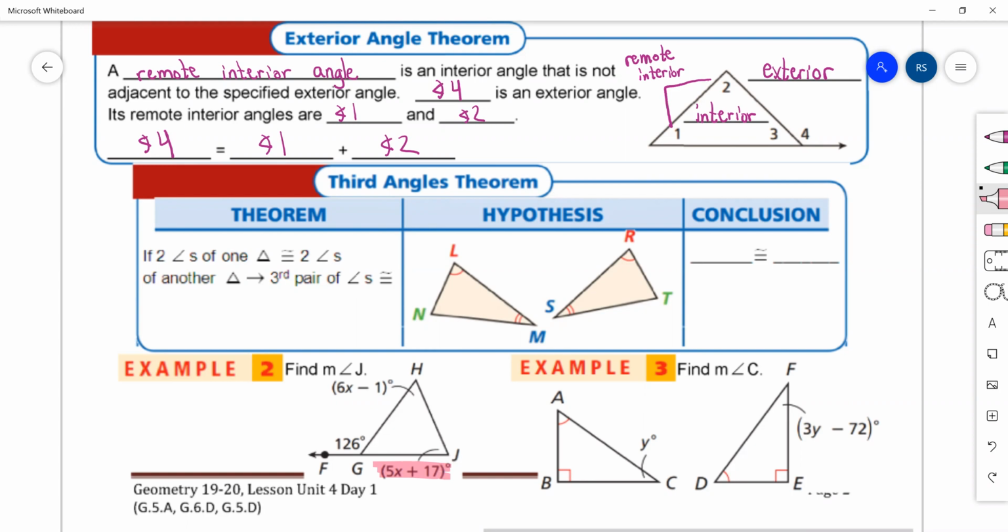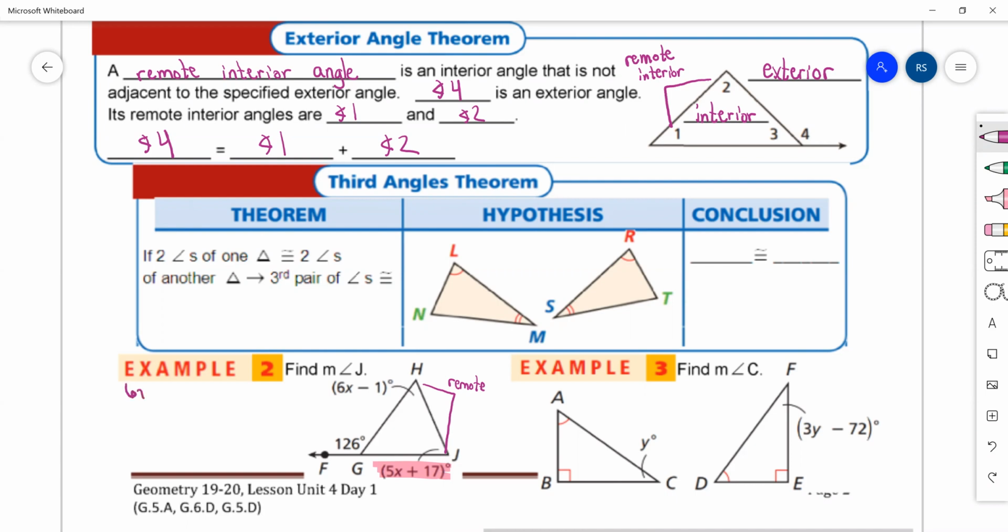Okay, well, by our exterior angle theorem, we know that these two are remote from our exterior angle. So if you add those two together, you'll get your exterior. So that's what we're going to do.